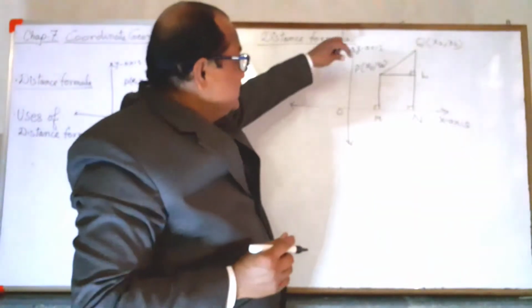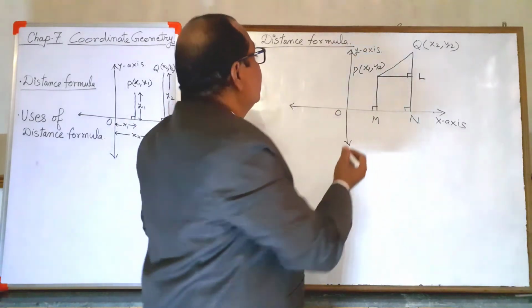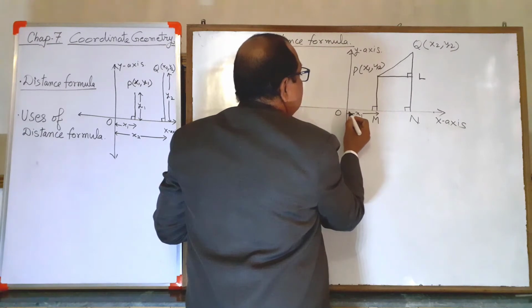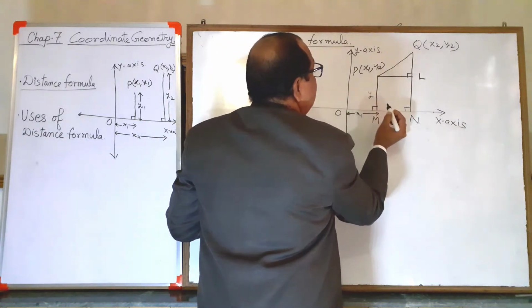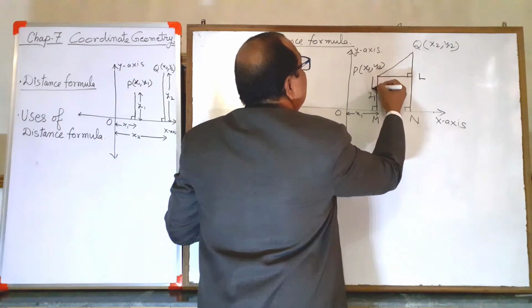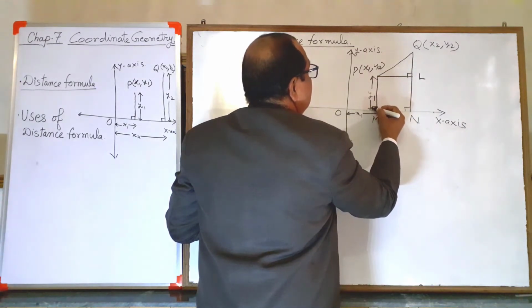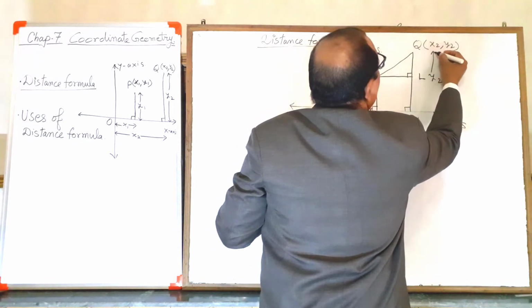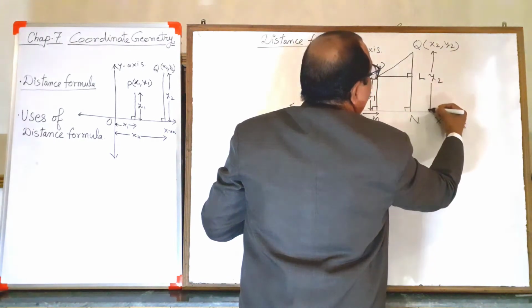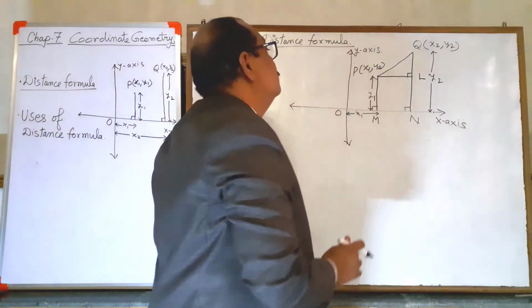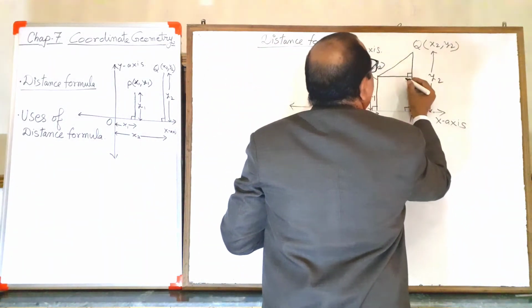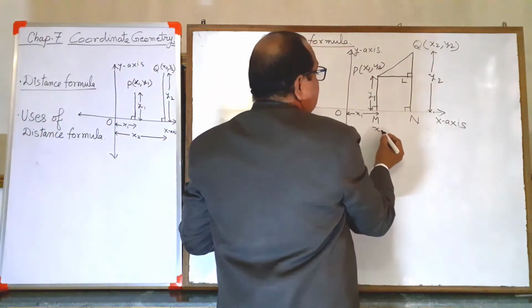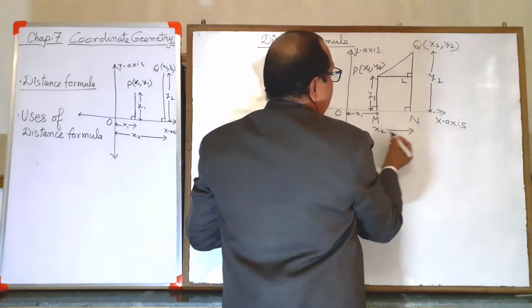Now students, as per position of the point P, this distance will be x1 and this PM will be y1. Now again you can write the distance of point Q from point L, that is y2, and you can see this distance is x2, ON is x2.